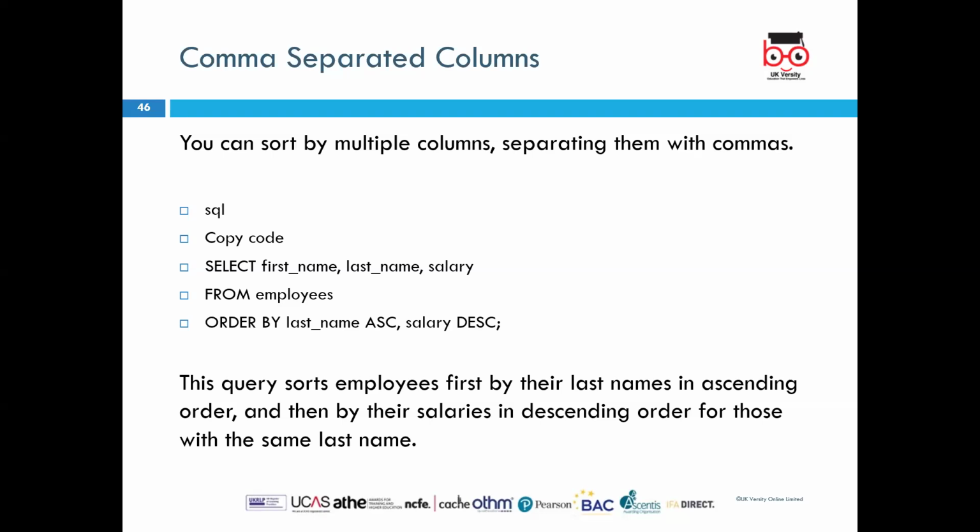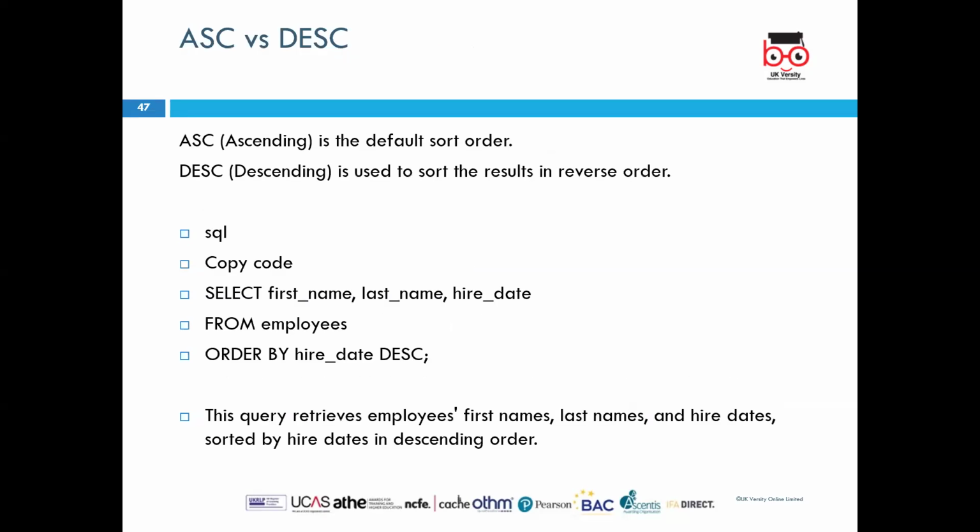So with this query, we can sort employees first by last name in ascending order, and then by their salaries in descending order for those with the same last name.